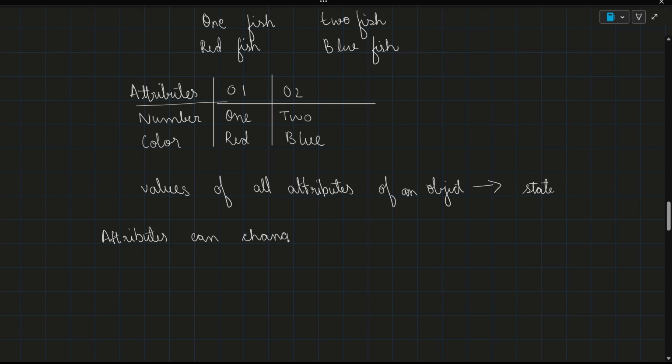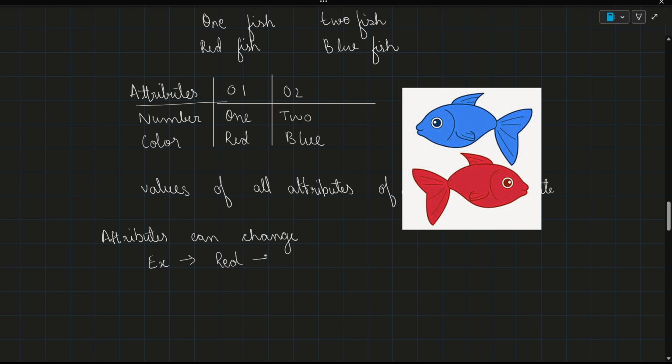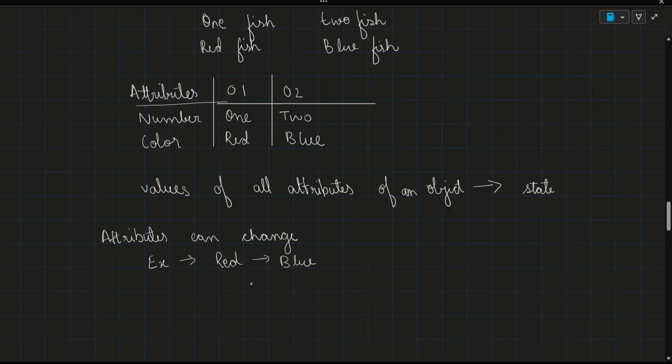For example, the red fish can change its color to blue. The total sales of a customer changes each time the customer buys another product. A student's GPA keeps changing each time a new class is graded.